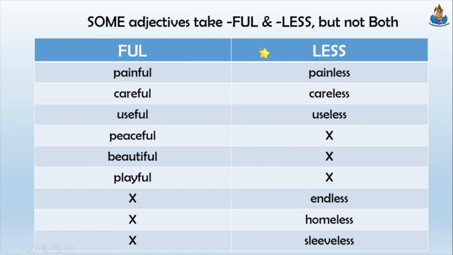So just like the words pain, care, and use, we can use the suffix full and less. So pain becomes painful and painless. Careful, careless. Useful, useless. However, for the word peace, we cannot say peaceless. We only use the suffix full.